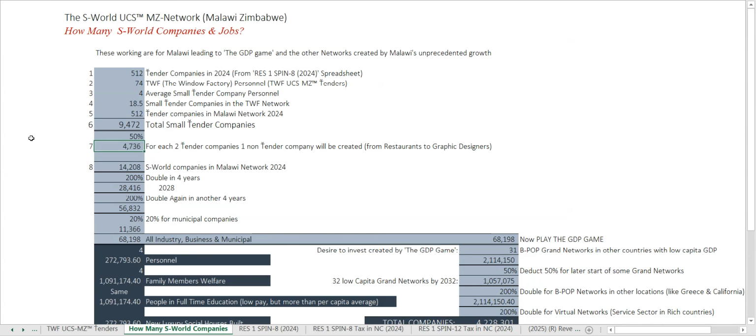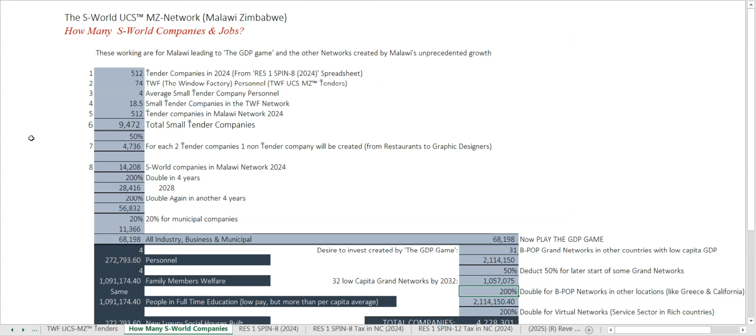We're going to add half as much again for non-tender companies, double in 4 years for 2028, double in 4 years for 2032, add 20% for municipal workers, and that's 68,000. And because of the GDP game, that's up 31 times to 2 million. Deduct for late start for some of the grand networks, brings us back down to 1 million. But that's 1 million that is guaranteed as long as we get that initial investment.